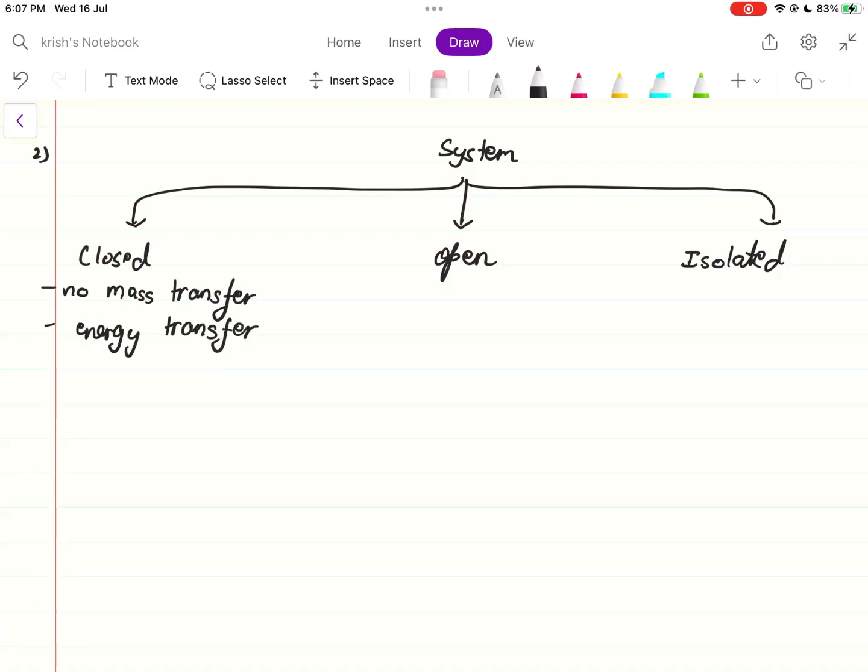For an open system, we have mass transfer as well as energy transfer. And for an isolated system, we have neither mass transfer nor energy transfer.